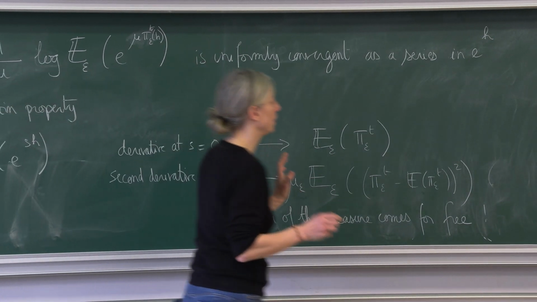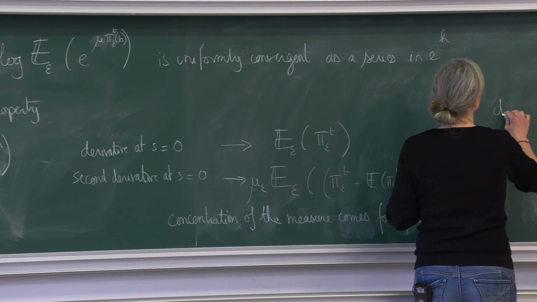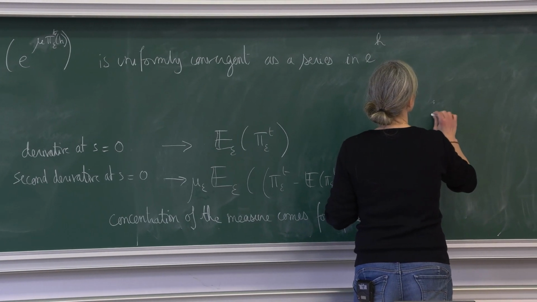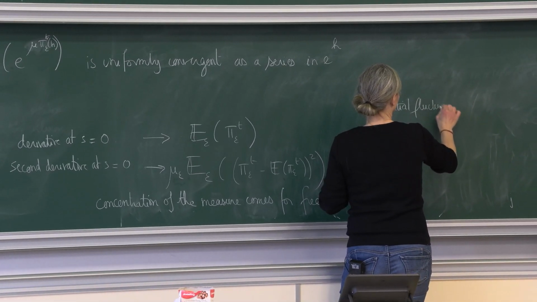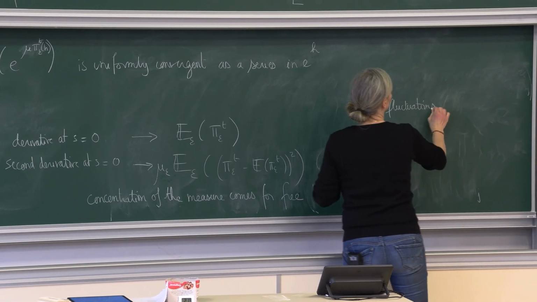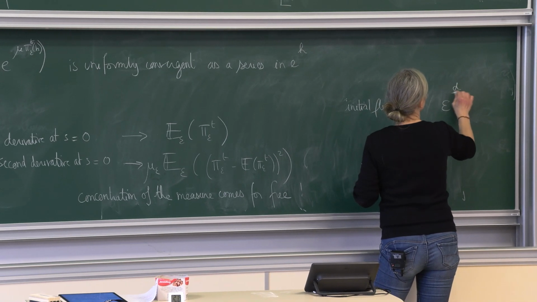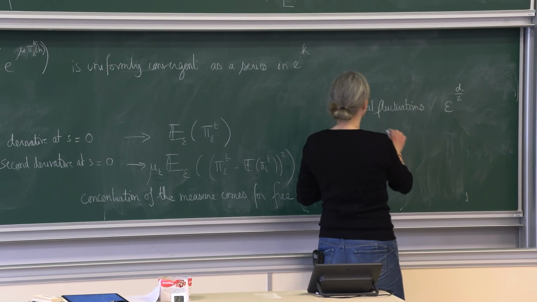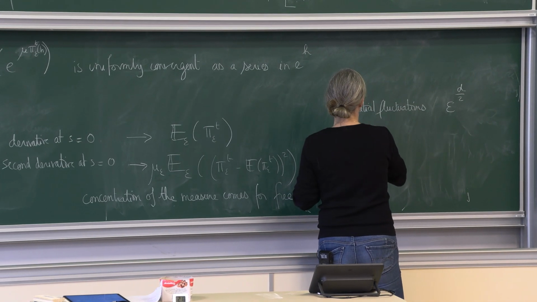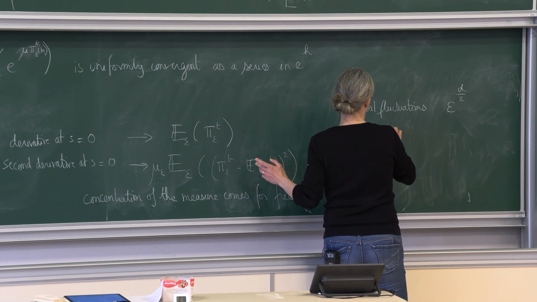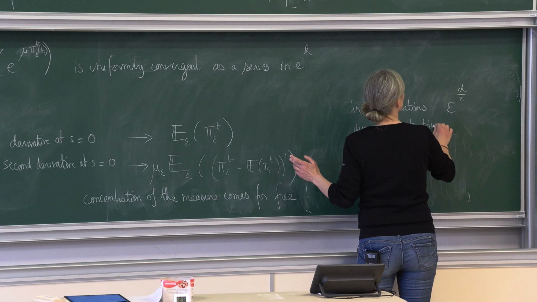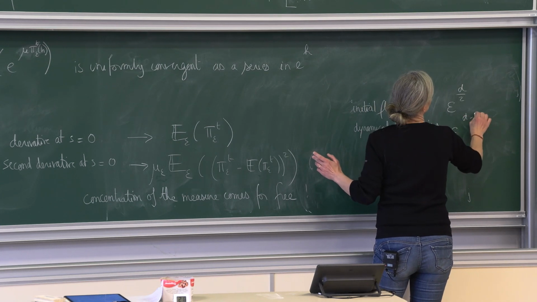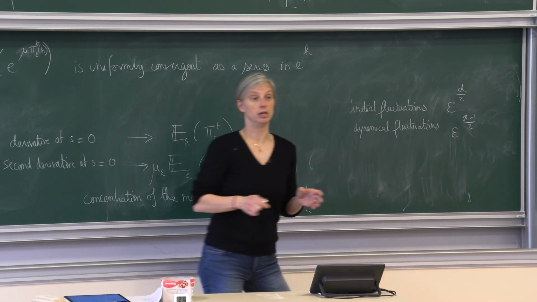So what I say is that the static fluctuation, so the initial fluctuations, are of the order of epsilon to the d divided by 2, while the dynamical fluctuation are of the order of epsilon to d minus 1 divided by 2. So that's much bigger.